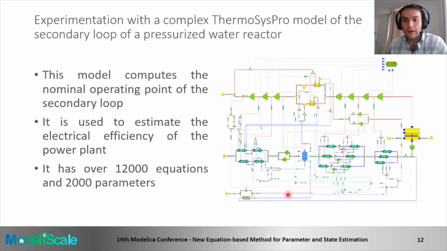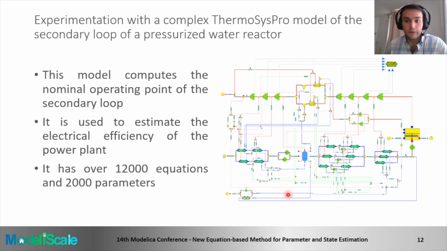So finally, I would like to present some results of experimenting this method with a complex ThermoSys Pro model. This is a model of a secondary circuit of a pressurized water reactor, and this kind of model is used at EDF to compute the electric efficiency of the power plant.